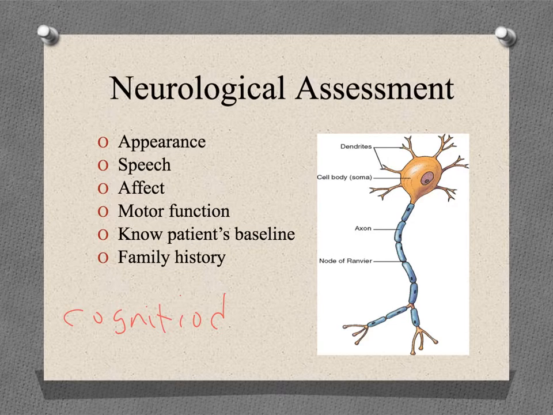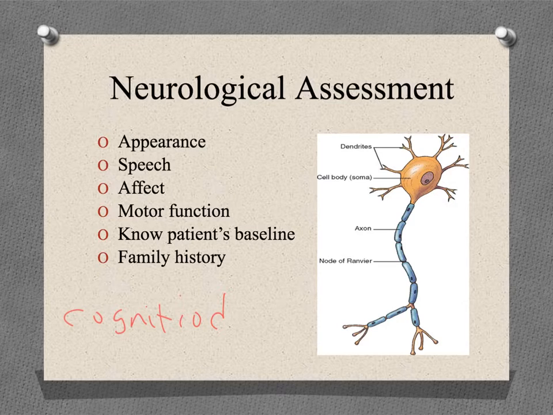Cognition refers to all of the processes of human thought. The primary role of the nurse is to help restore human needs or assist the patient to adapt to their deficit and avoid complications from these dysfunctions. That's basically our goal in caring for these patients, so we're going to keep that in mind along the way.